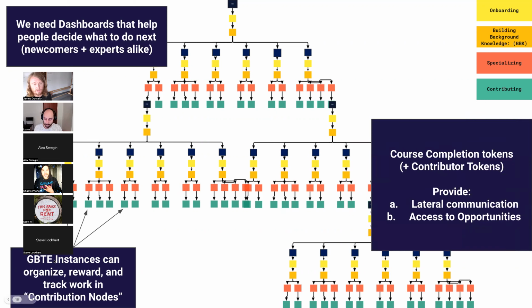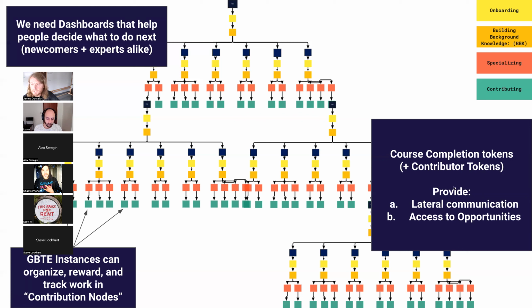Okay, so in order for somebody to make a contribution, the way this dApp is built, they need to have a contributor token. So maybe there's some overlap between this idea of a course completion token and a GBTE style contribution token. This is one of the things we want to look at together today.